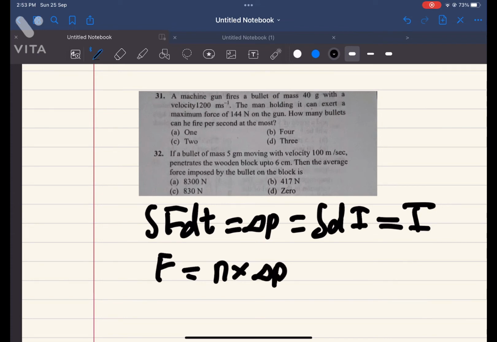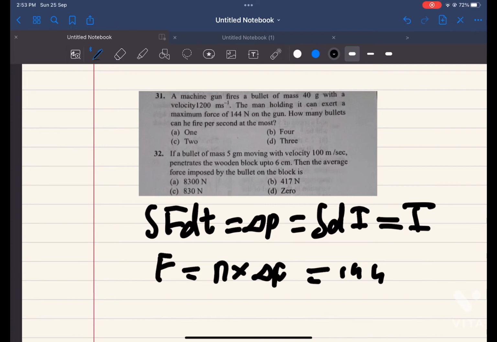Now the concept in this question, when you read it, we can get it as the force is the rate of change of momentum, that is, the average force exerted is the number of bullets fired per second into the momentum change imparted to one bullet. Since it's fired from rest and gets a velocity of 1200, the change in momentum is mass into velocity, and we know the average force is given as 144 Newton.